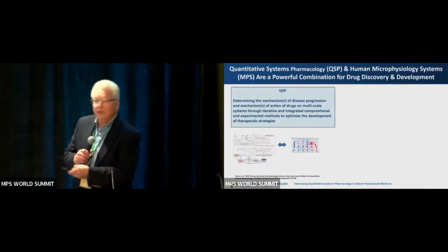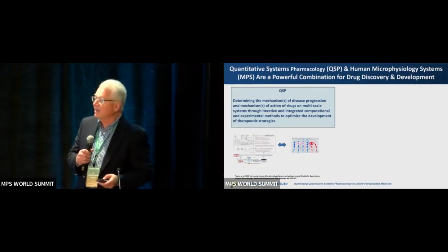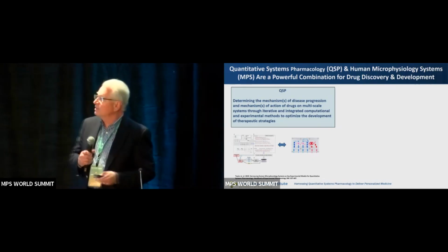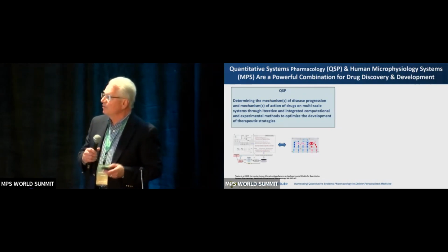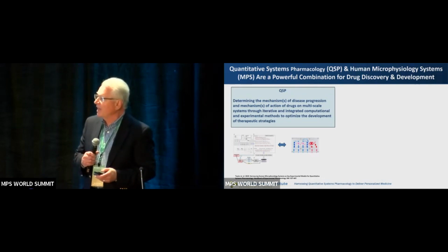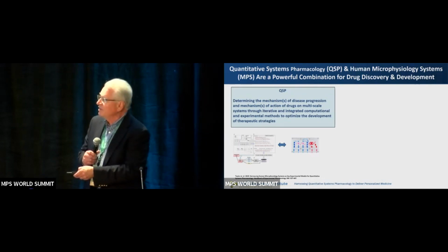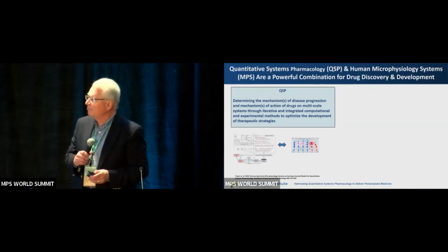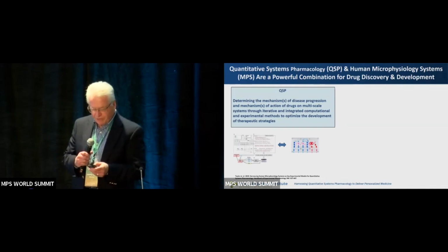As a reminder, QSP is determining the mechanisms of disease progression and mechanisms of action of drugs on multi-scale systems through iterative and integrated computational and experimental methods. So you can have an experimental platform, generate data, start building the computational model, make predictions from the growing model, test it back into the model, and do this iteratively. And this can increase and optimize the development of therapeutic strategies.